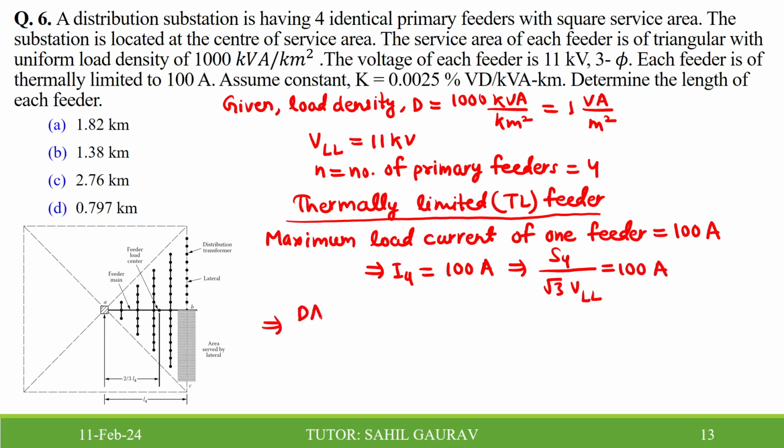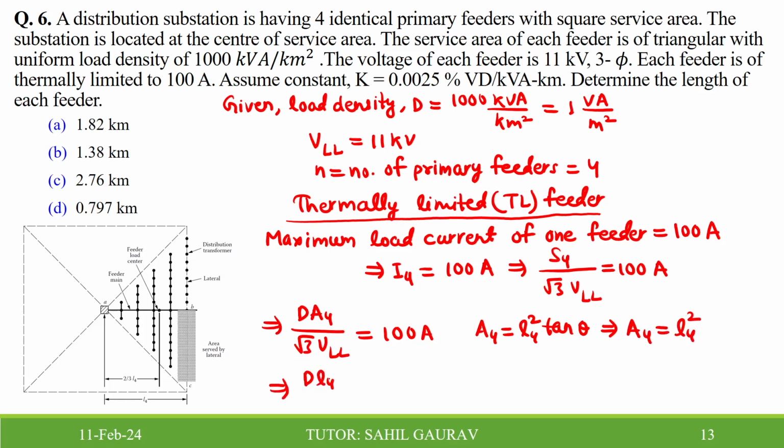Now S4 we can write in the form of load density D A4 over root 3 times VLL equals 100 ampere, and for the square service area we know that A4 we can write as L4 square tan theta, and tan 45 degrees will be 1, so A4 equals L4 square. So this will be D into L4 square divided by root 3 times VLL equal to 100 ampere.